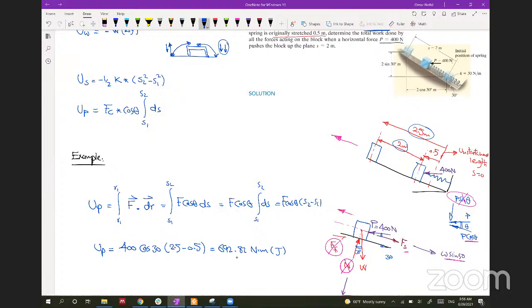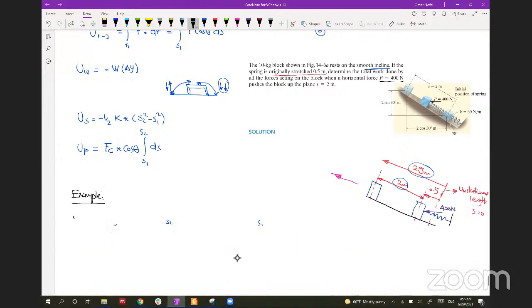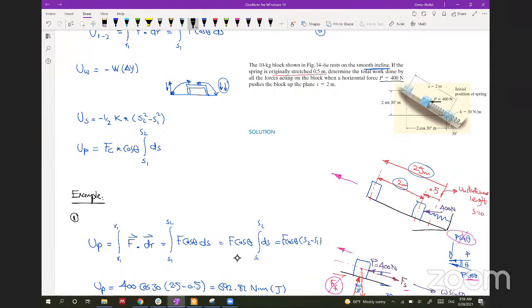So this is the work done by the horizontal force B.